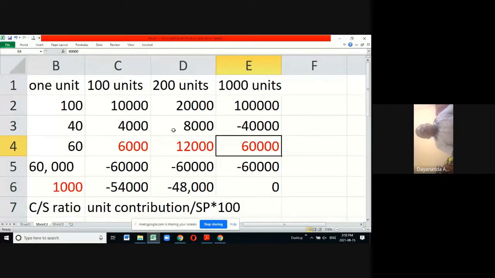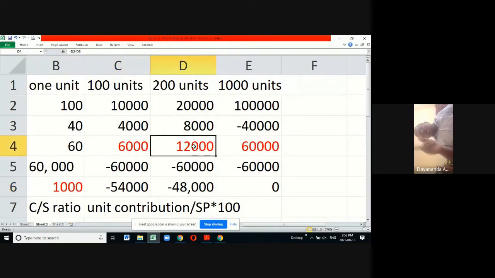So the contribution is to cover fixed cost and profit. Now here, your fixed cost is 60,000 and contribution is 6,000, so your contribution is not enough to cover the fixed cost. So you end up with a 54,000 loss.